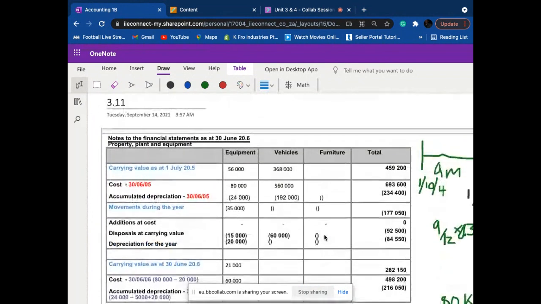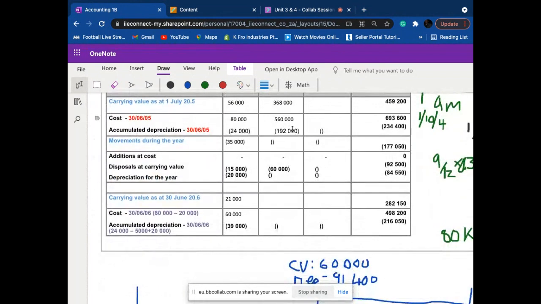So we know that this 560 is inclusive of the asset we sold. So we need to remove that out, right? How do we do that? How do we get accumulated depreciation? Can you see now they're testing your knowledge on depreciation?